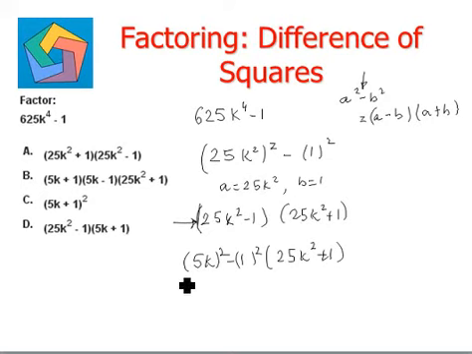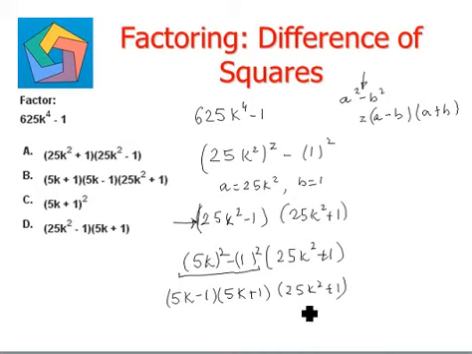So the first two can be factored further as 5k minus 1, 5k plus 1 times 25k squared plus 1. Again rearranging, we can write down 5k plus 1 times 5k minus 1 times 25k squared plus 1. This is the final answer and can be seen in option B.